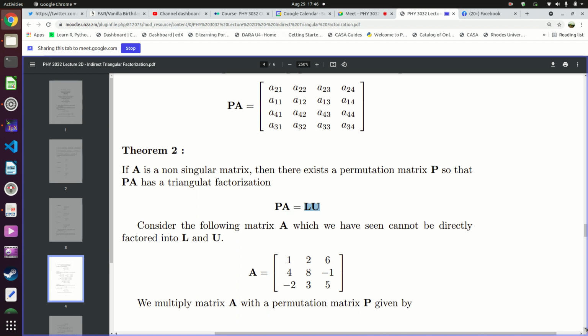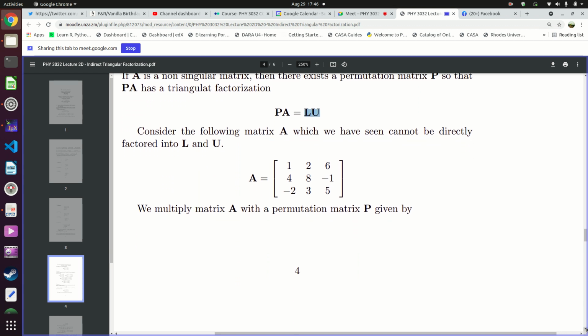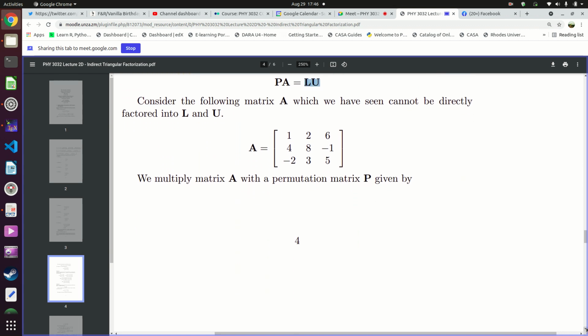Now I created some matrix. I don't think it's a good permutation matrix, but it shows what we are trying to put across. This is the same matrix we were trying to break, and we couldn't because there was a U22 equal to 0.